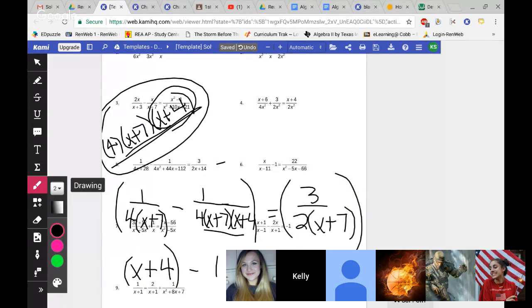And then on the right side of the expression, this 2 is in the 4 with a 2 left over. I'm going to write down what's already there. That's 3, which is the numerator, times the 2 that's left over. The x plus 7 cancels out completely, but there's still an x plus 4 left.